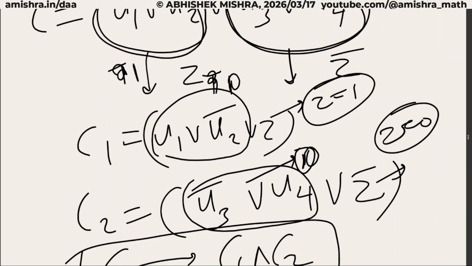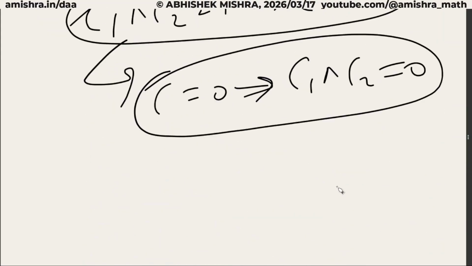If we put Z equal to 1, C1 will become 1, but C2 is 0. Otherwise, if we put Z equal to 0, then C1 is 0 and C2 is 1. So whatever value of Z we put, we always get 0. So the contrapositive is also true.